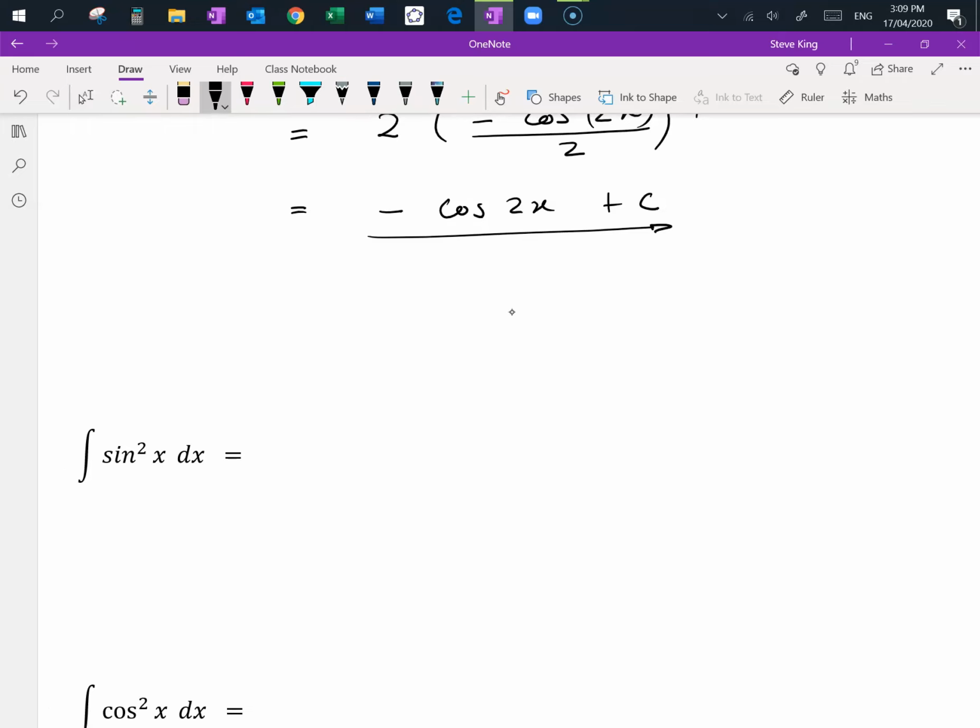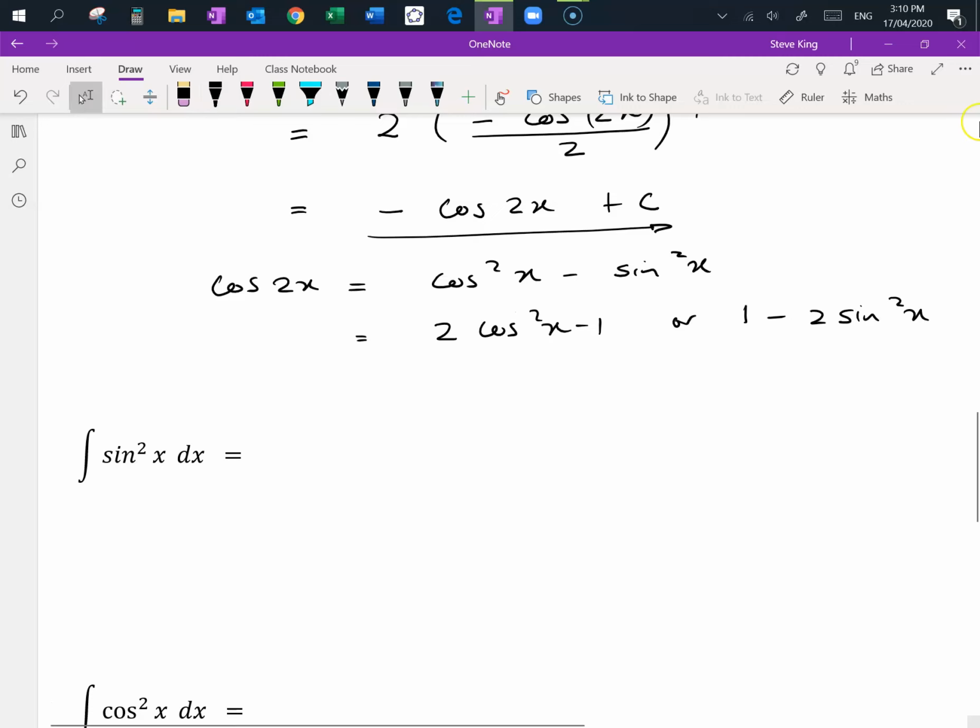So if you remember, the cos of 2x could be written as cos squared x minus sine squared x. And that meant we could rewrite this in 2 ways, either as 2 cos squared x minus 1, or as 1 minus 2 sine squared x.